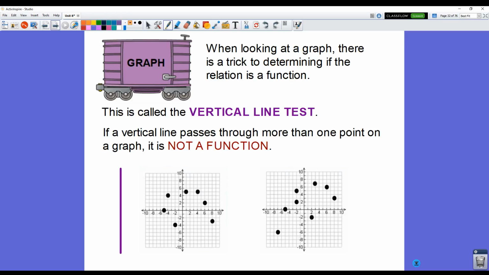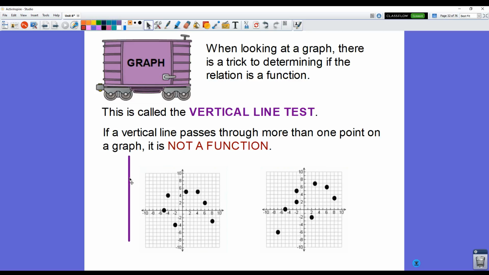All right, what does this look like in a graphing situation? We're still looking at the x values. However, in a graphing situation, we're going to look at this a little differently because it's called the vertical line test. If this vertical line touches or passes through more than one point on a graph, then it's not a function. So here's what I mean. Let's look at this first graph.